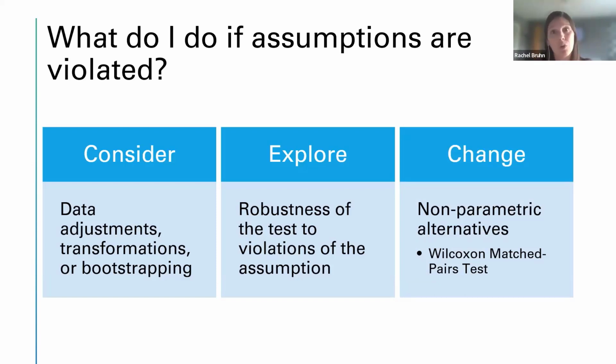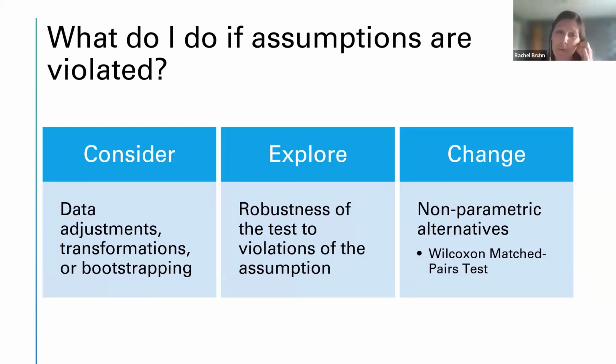Normality is a commonly violated assumption. If the normality is violated, you could do a non-parametric equivalent like the Wilcoxon matched pairs test. That one does not hold an assumption of normality, so you might be able to do that test instead. These are just some of the options.